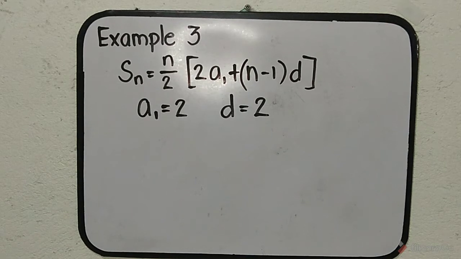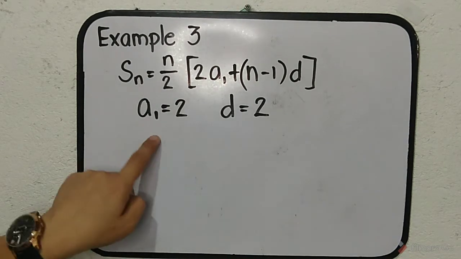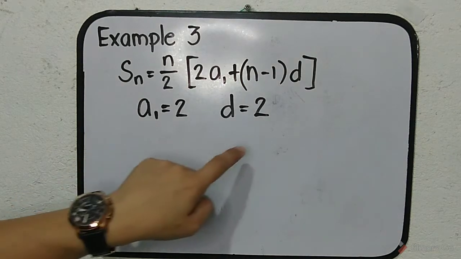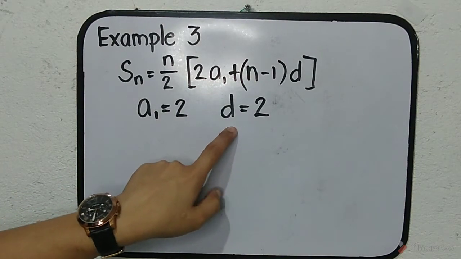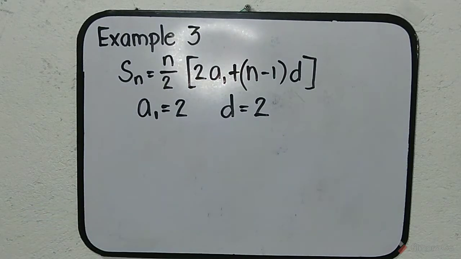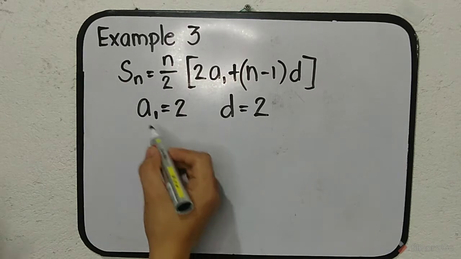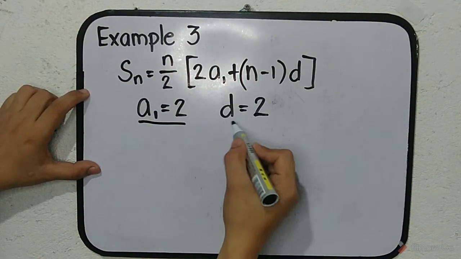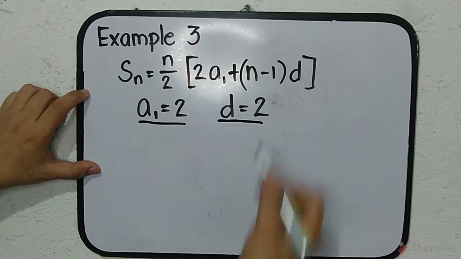Example number 3. Provided that a sub 1 is equal to 2 and our common difference is equal to 2. Anong napapansin natin sa ating given? Ang binigay lang sa atin ay our a sub 1 and the common difference.